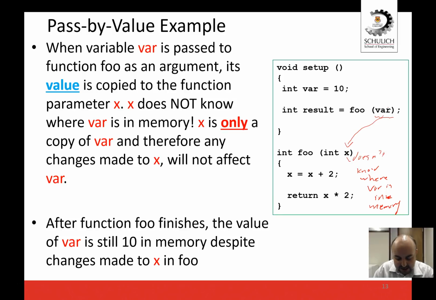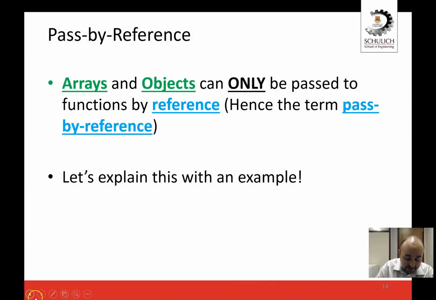In other words, there is no link between var and x. So if you change x here, var is not changed at all. So when this function returns, we are back here. var is still 10 in memory, and this is essentially pass by value.